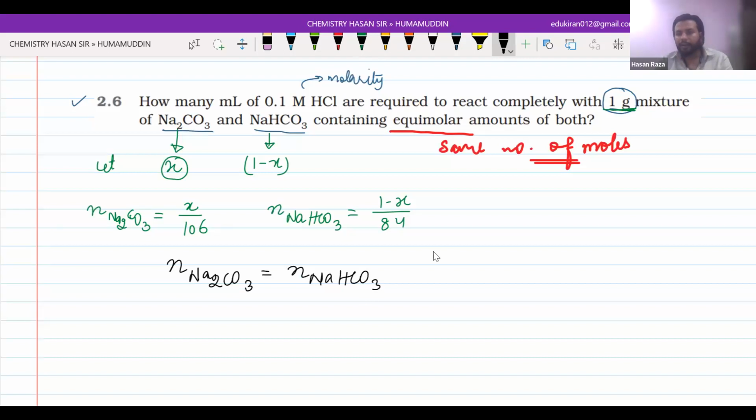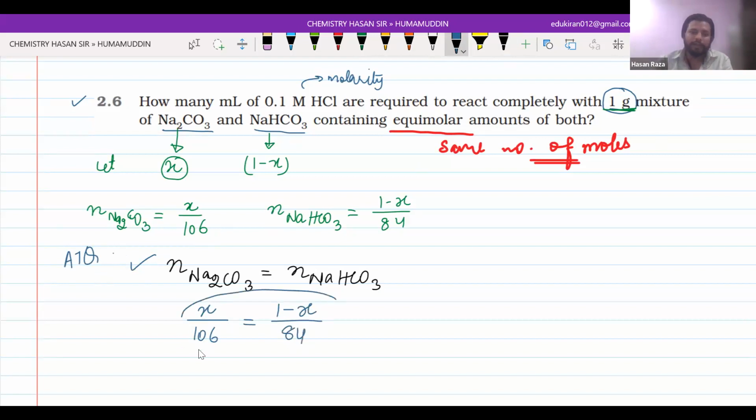I just wrote this because in the question it is given. According to the question, we can write it. Now from here, you can easily calculate the mass X. X upon 106 is equal to 1 minus X upon 84.